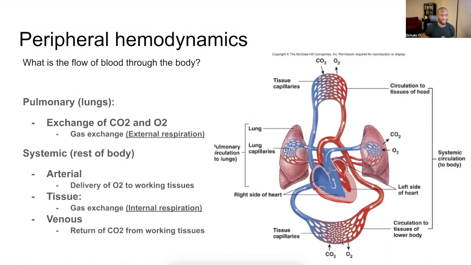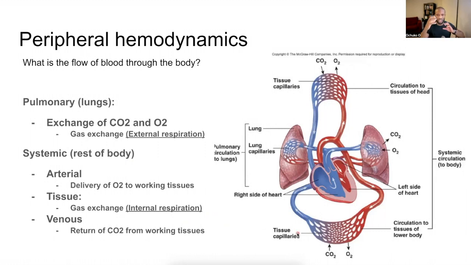This is the reason, because tissues require oxygen for energy. They're going to take oxygen out of the blood, and CO2, carbon dioxide, is going to be a byproduct from the activity and the energy that they created. So at this level of the tissue, we see another gas exchange that occurs. This gas exchange here is called internal respiration.